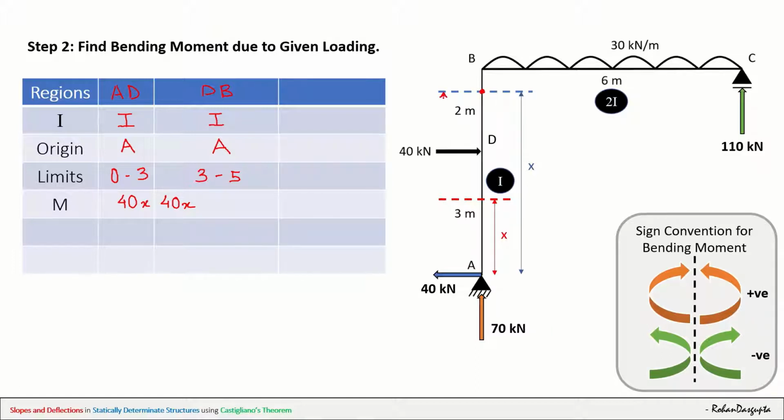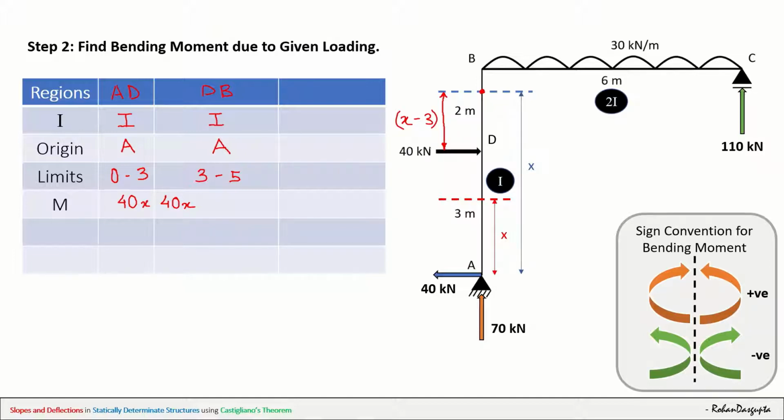What is the distance between this 40 kilonewton and that place? So how do we find that? This entire length is x, and from A to D it is 3. So therefore this much must be the total length x minus 3. So this distance is x minus 3.